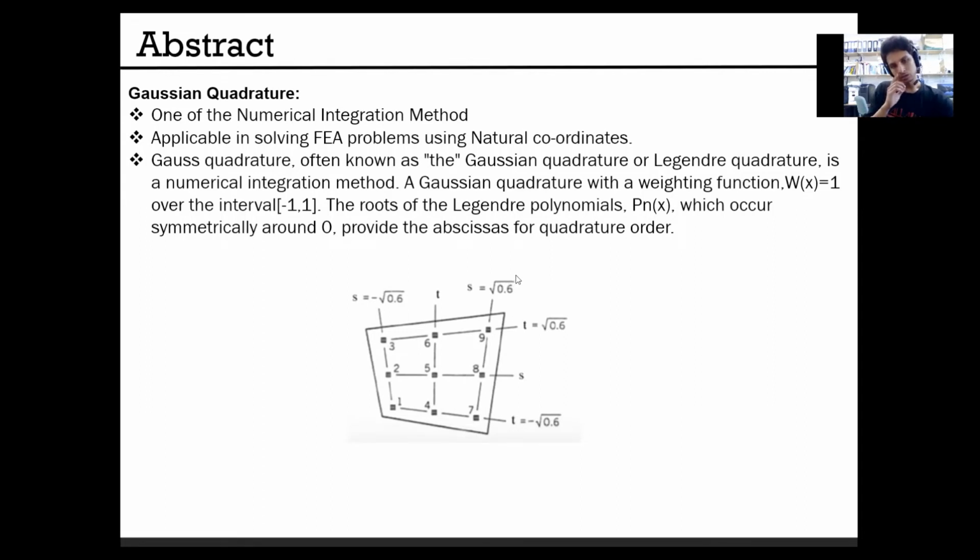Legendre Gauss quadrature rule is a numerical integration method, also called the Gaussian quadrature, or often Legendre quadrature. A Gaussian quadrature over the interval of -1 to +1 with a weighting function w(x) equal to 1.